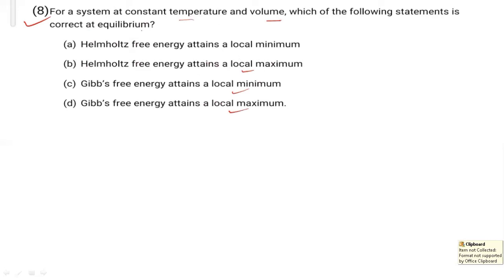We know that for equilibrium, only the Helmholtz free energy attains a local minimum. We already know that if we have a system in contact with a reservoir, and the reservoir's temperature and pressure are constant, and the system's volume is constant, then for the system to be in thermal equilibrium, its function F, that means the Helmholtz free energy, must be minimum.